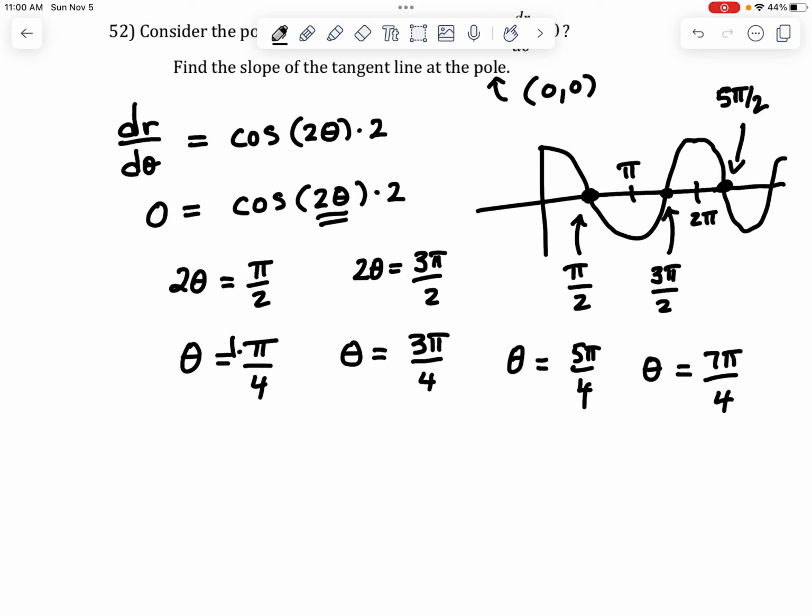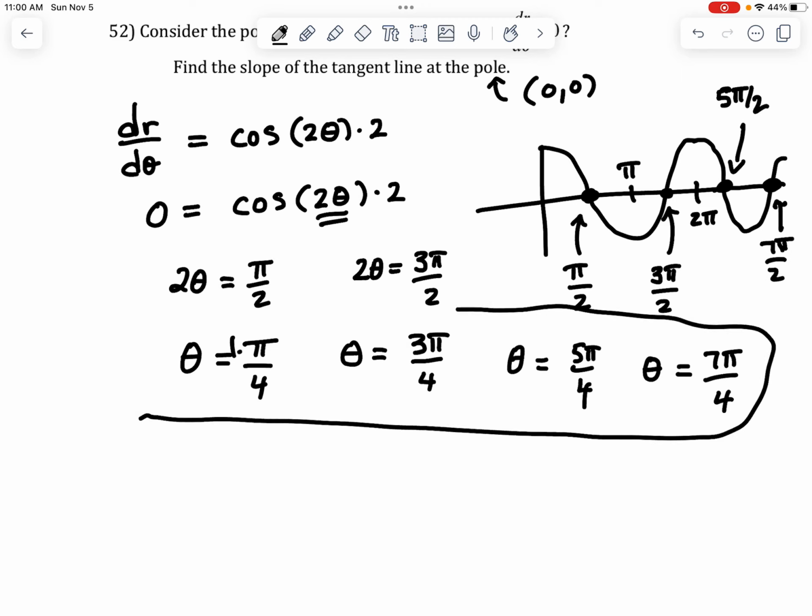And then divide by 2, and you get the 5 pi over 4. And then this last one would be the 7 pi over 2, and then that would give us the 7 pi over 4. So there's the 4 times when the derivative of the r function equals 0.